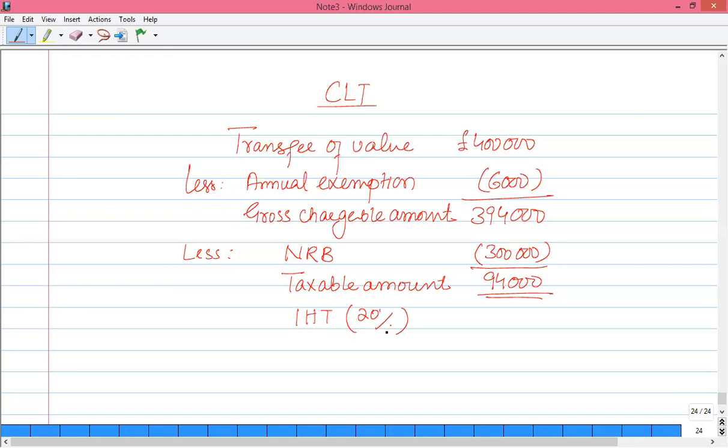Why is IHT 20%? Because the trust has to pay the tax. So with the 20% rate, that is 18,800 IHT. And the gross chargeable amount is 3,94,000, which is to be used for the 7-year accumulation rule.